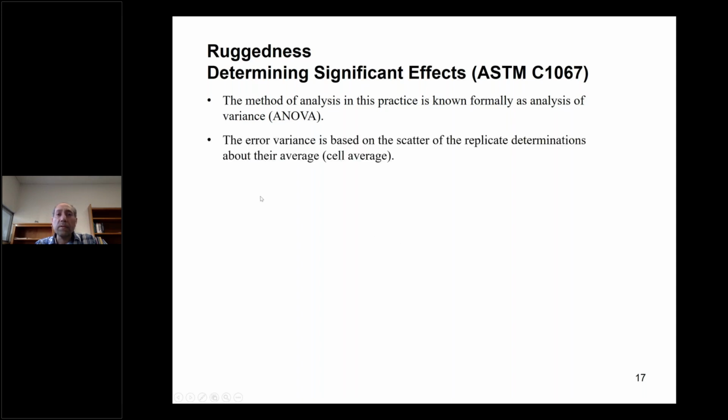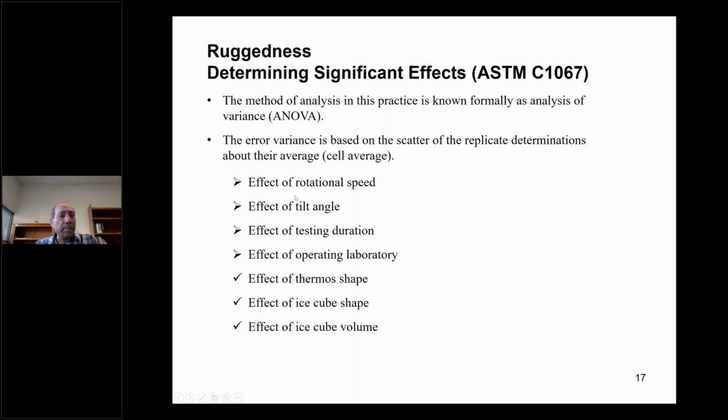So the error variance is based on the scatter of the replicate determinations about their average, set average, and actually for the last three parameters we used average. For the other first four parameters we used the single individual data.